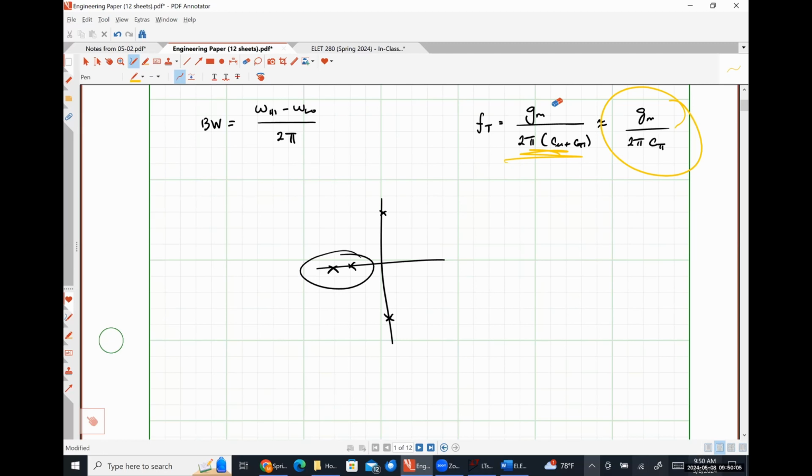And for what it's worth, I believe the Miller method, let me draw this out here.